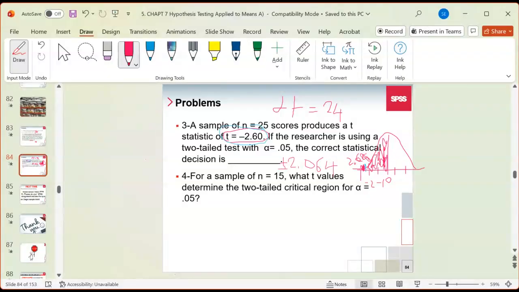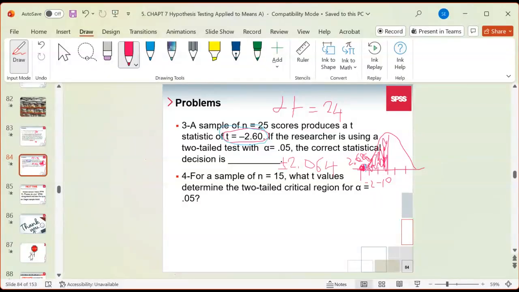That's what this is right there, 2.6. It is in the critical region, which starts at 2.06.